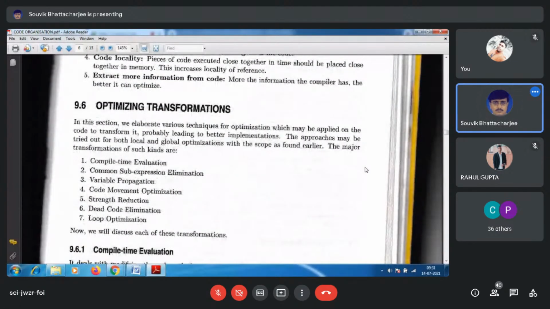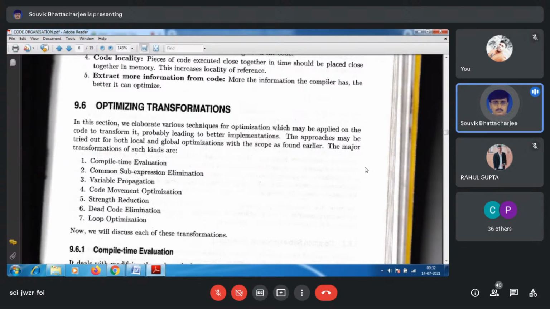Now, optimizing transformations. These are the basic techniques for optimizing, or optimization can be done based on these strategies. These are compile time evaluation, common subexpression elimination, variable propagation, code movement optimization, strength reduction, dead code elimination, and the most important one is the loop optimization.